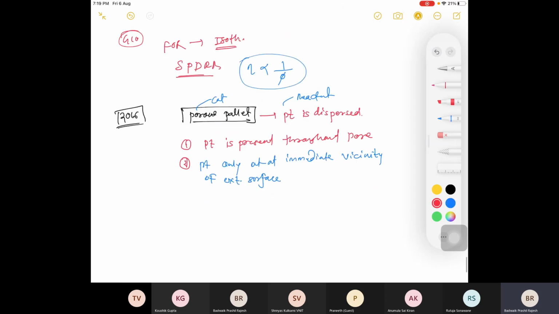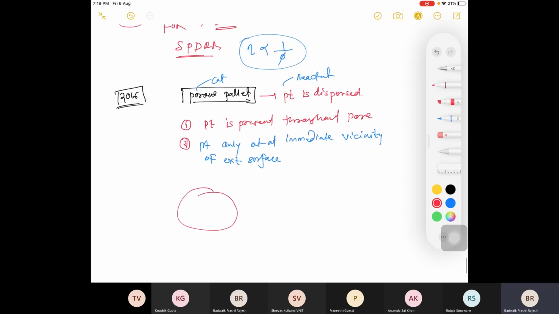I'm just explaining here. This is your catalyst, that is the pellet. In the second case, platinum is present only at the external vicinity, and in the first, platinum is present throughout the pores. I can draw it like this.